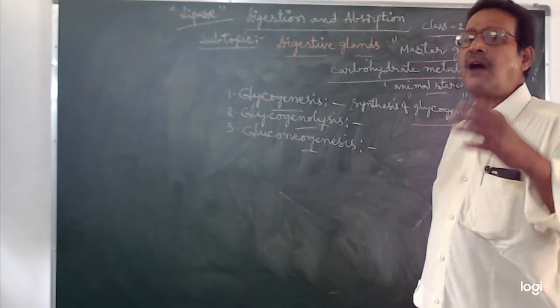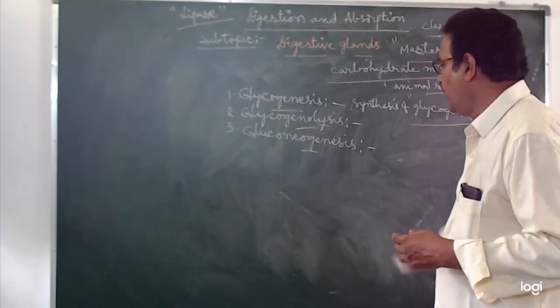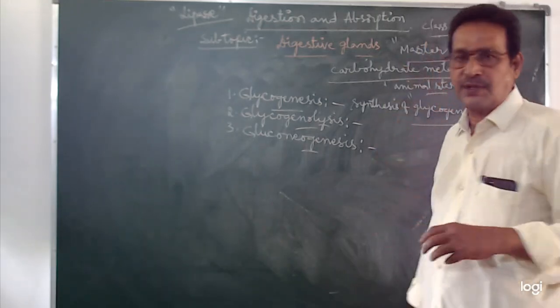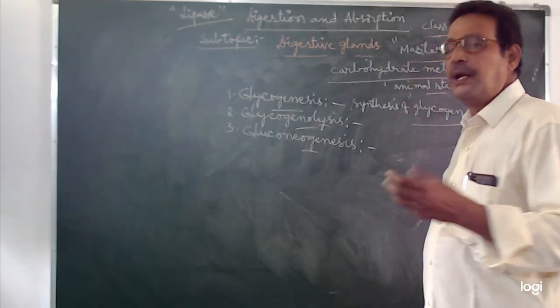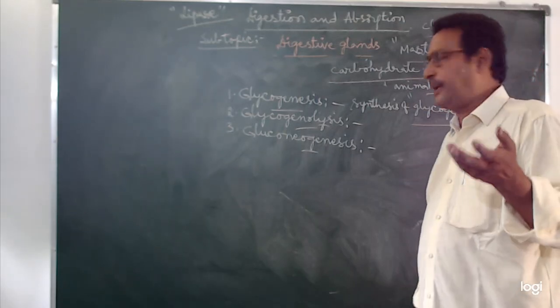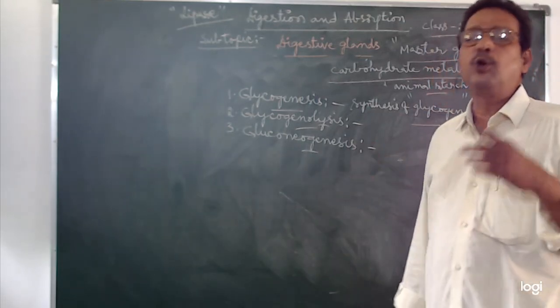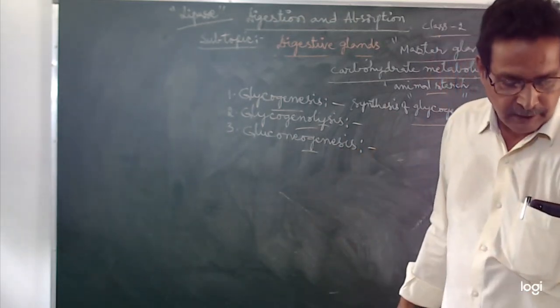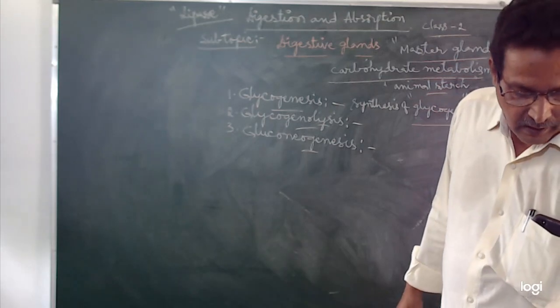These are non-carbohydrate molecules. The production of glucose or sugars from non-carbohydrate molecules such as pyruvate and lactate is called gluconeogenesis. It also occurs in the liver.